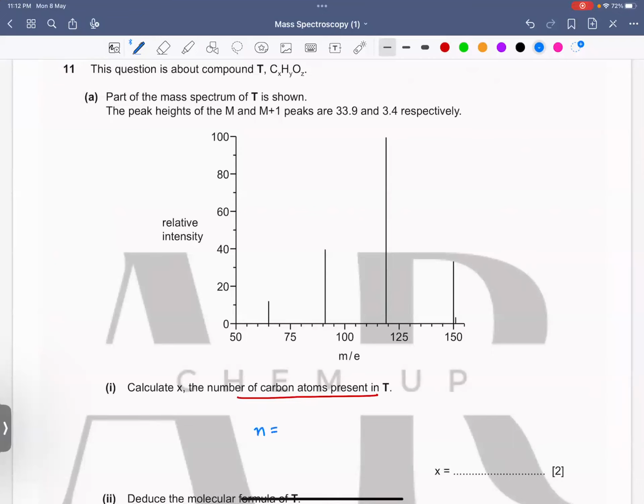So n is equal to 100 upon 1.1 times 3.4 over 33.9.